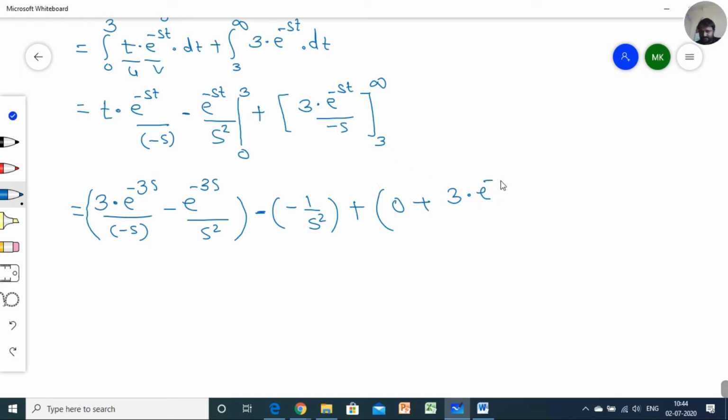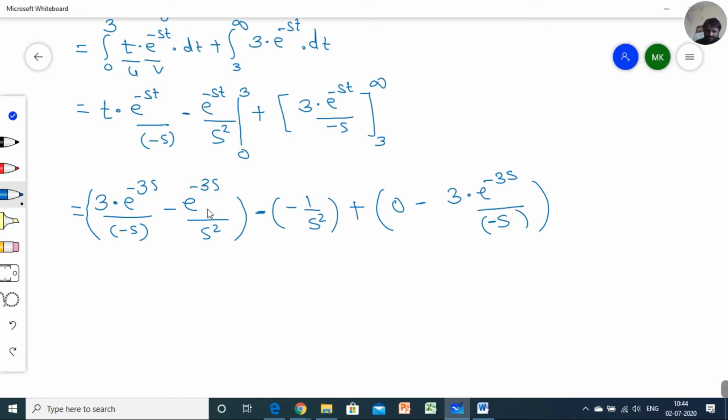If this is not clear, the minus sign of the lower limit is kept as it is, upper minus lower limit. So this part is solved, that is, the upper minus lower limit is substituted.